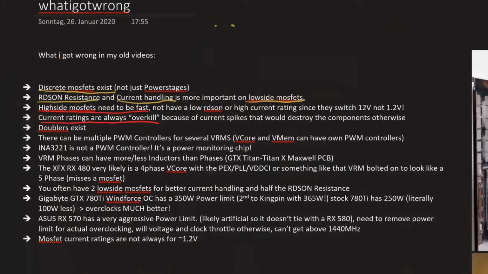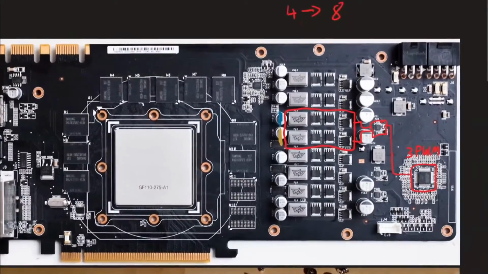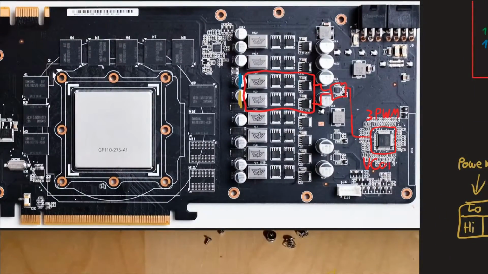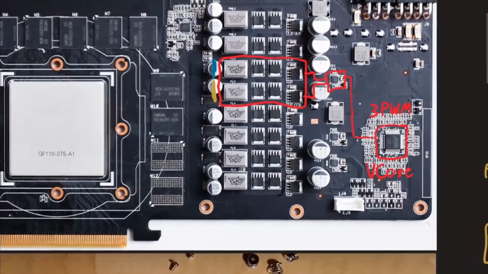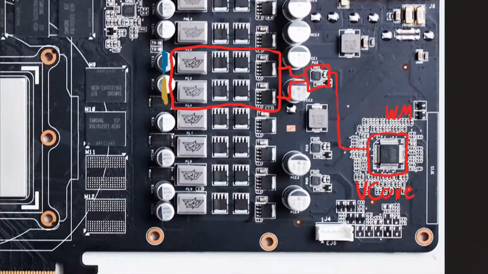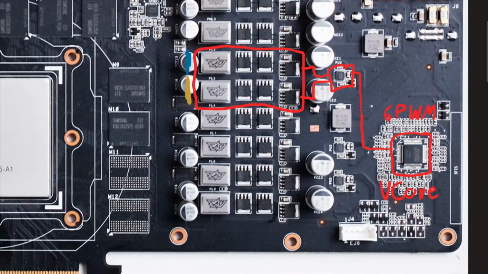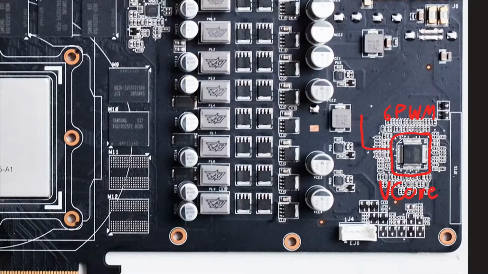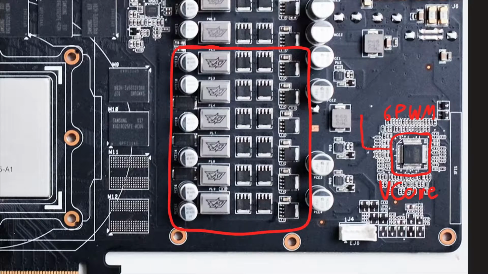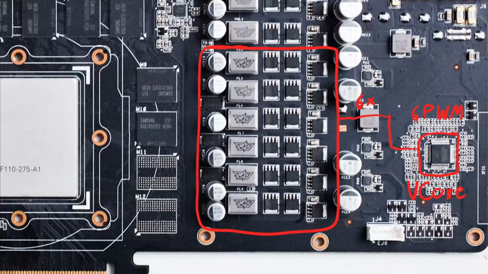Also, this is something I don't think I've talked about: there can be more than one PWM controller, which is true for the graphics cards that I showed here. This is the vCore PWM controller. It does 6 PWM signals for the 6 phases that we have on here. Right here is the vCore VRM of this graphics card, and it puts 6 signals into that, so each phase gets its own signal.